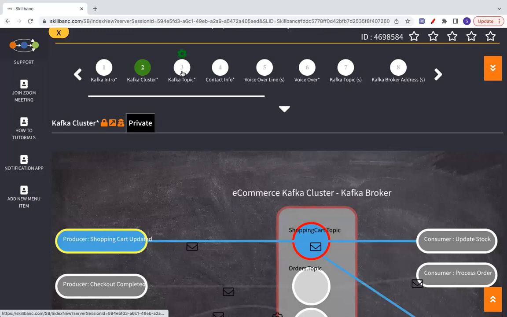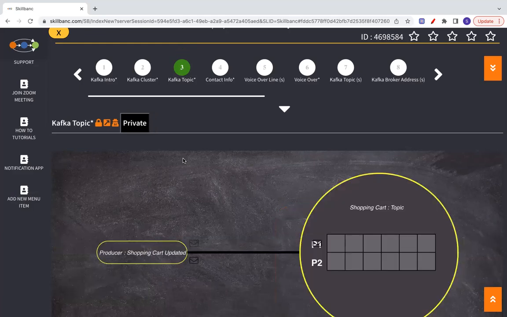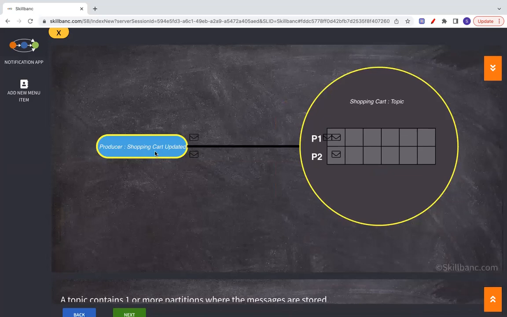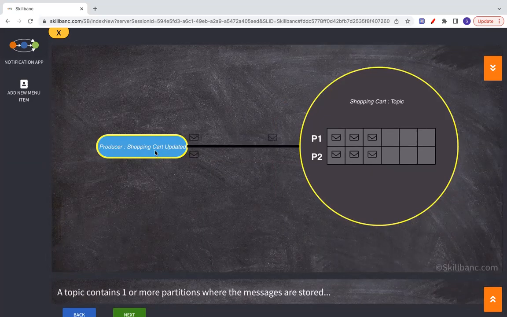Now we go into a specific topic. So we drill down the concept with a bunch of slides. And here we are talking about publishing a topic and how that topic is managed.